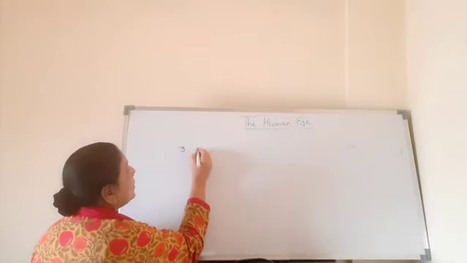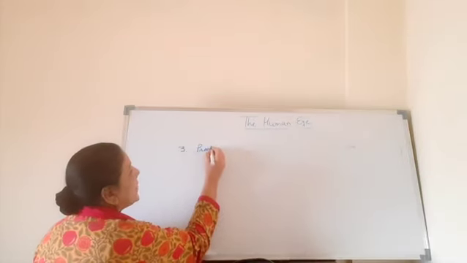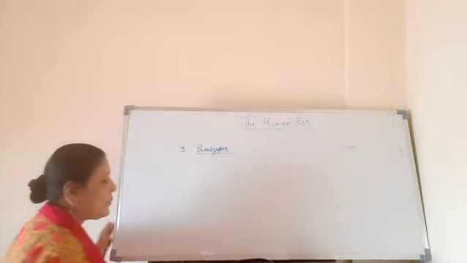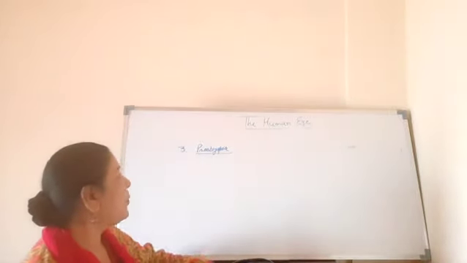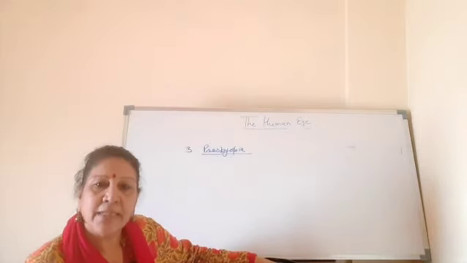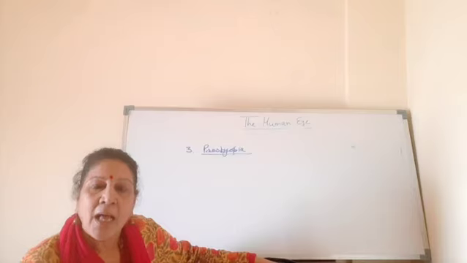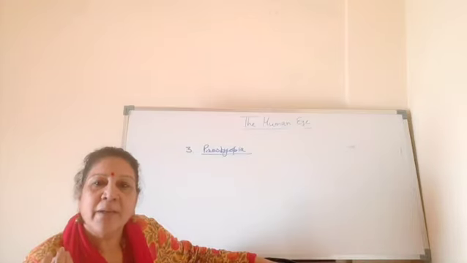So now the third defect is presbyopia. It's also called special hypermetropia. This is especially for aging persons. When the person ages, the ciliary muscles become less flexible or become rigid.